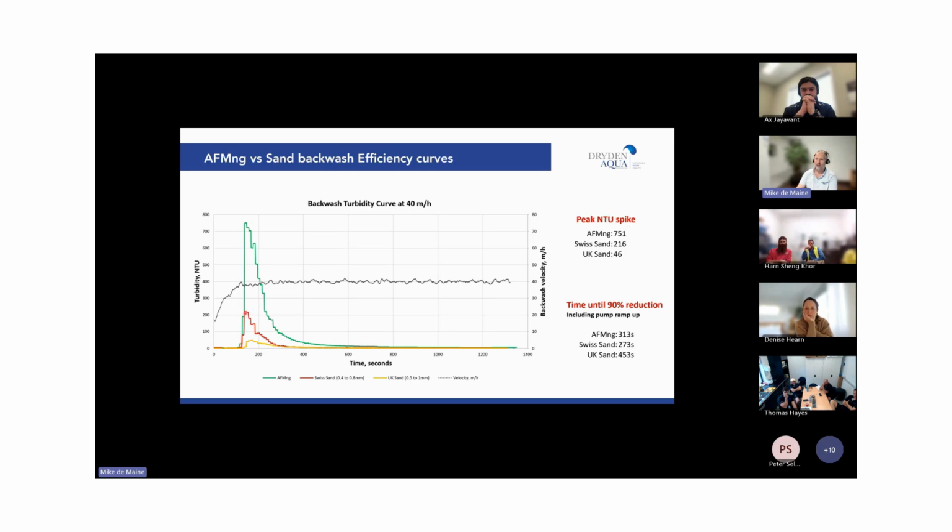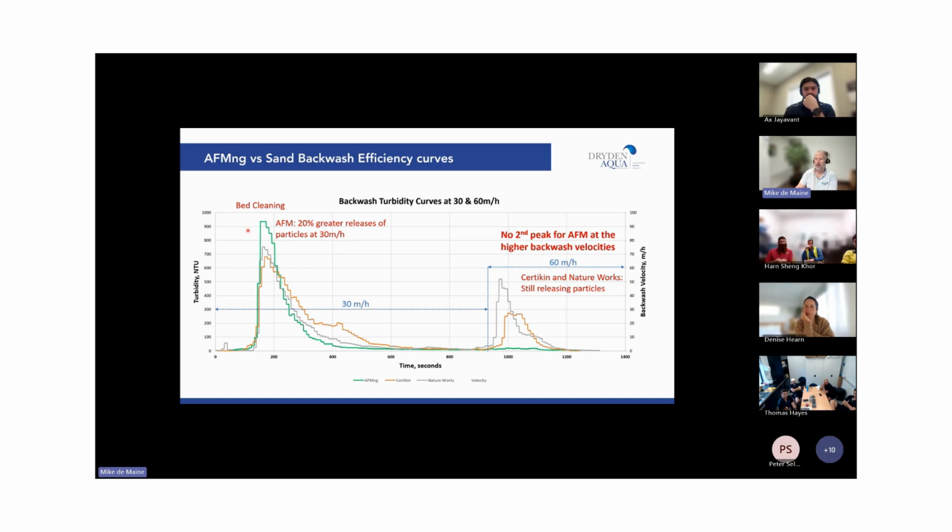This is the German sand, with the particles being released at 40 meters per hour. You can see it has a small spike and then tapers down. This is a UK sand, which was terrible. And then this is our AFM. You can see how it releases all of the dirt because we're not holding onto it in any way. It's released.